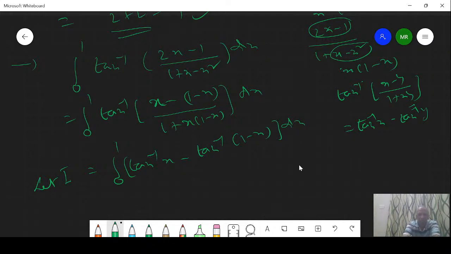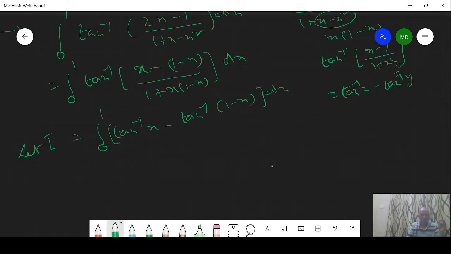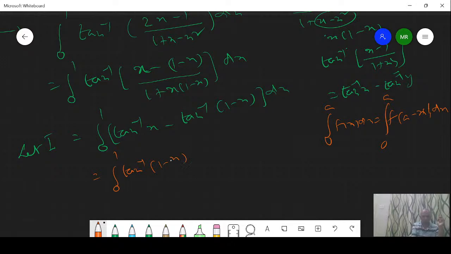Because we know one property here: the integral from 0 to a of f of x dx equals the integral from 0 to a of f of (a minus x) dx. If we use this property here, this becomes the integral from 0 to 1 of tan inverse of (1 minus x) minus tan inverse of x dx, replacing x with 1 minus x.